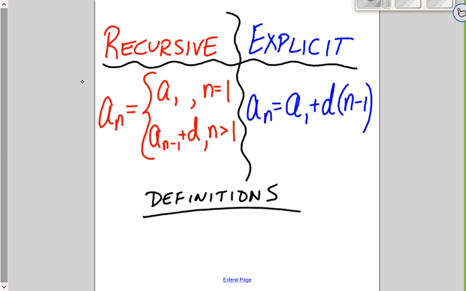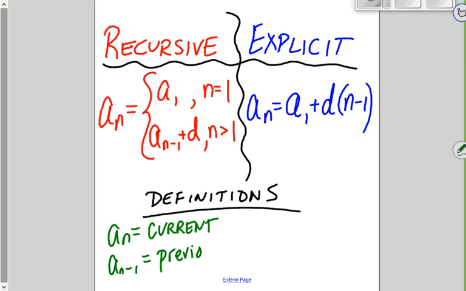What we found out were that the recursive formula can be written out in red, and the explicit in blue. Some definitions. a sub n is the term that you're on, like the current term. a sub n minus 1, whenever you see that, that's known as the previous term. n is the term number.